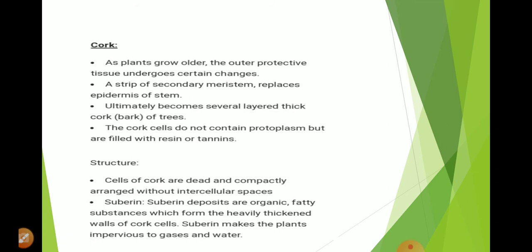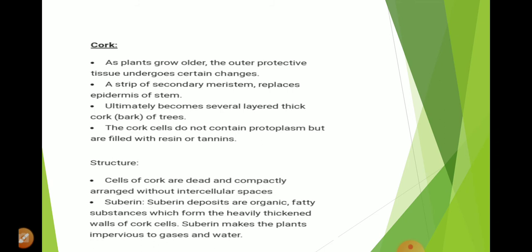Another difference is lenticels are always open 24 hours in the plants, but stomata are open mostly during the daytime and are closed during the night time. So lenticels are the structure which is present on the woody stem.